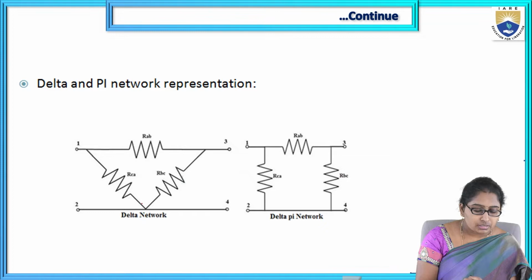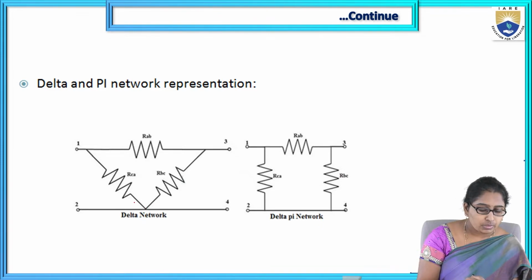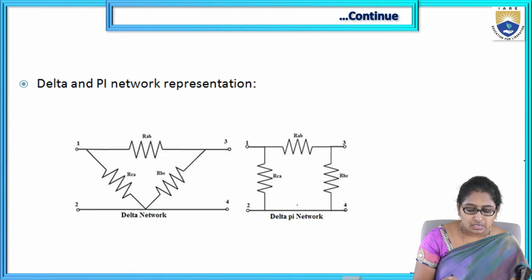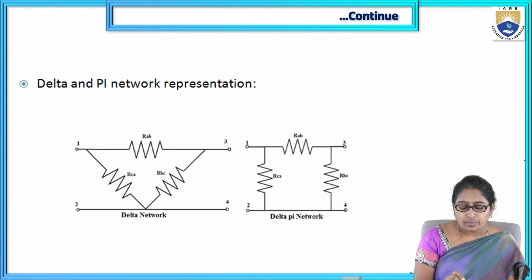Then from the same common point, we have the third resistor RCA, also drawn vertically, and its end point is connected to the start point of the first resistor RAB. So this is how the pi network is drawn.